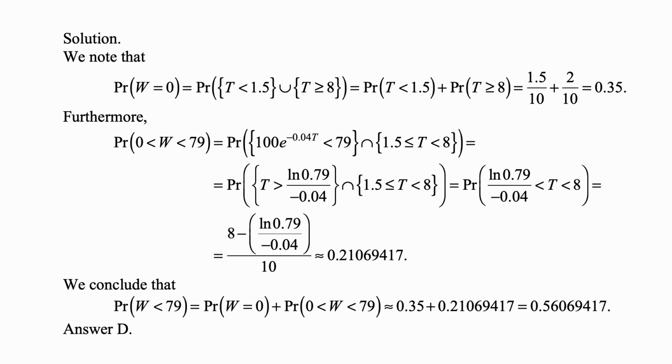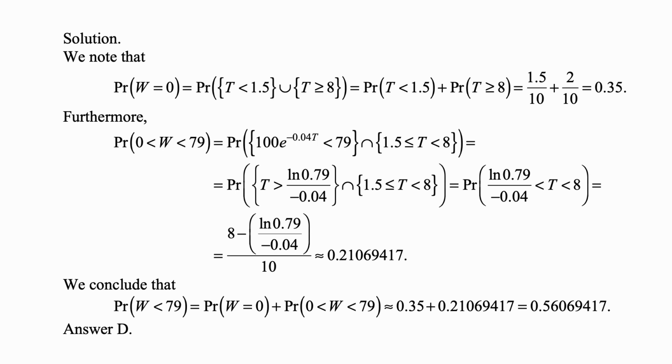Okay, but this inequality, 100 times e to the minus 0.04 t less than 79, is equivalent to e to the minus 0.04 t being less than 0.79, and then we can apply the natural logarithm to both sides and get minus 0.04 t being less than the natural logarithm of 0.79, and then divide both sides by negative 0.04, getting this inequality to be equivalent to t being greater than ln of 0.79 over negative 0.04.